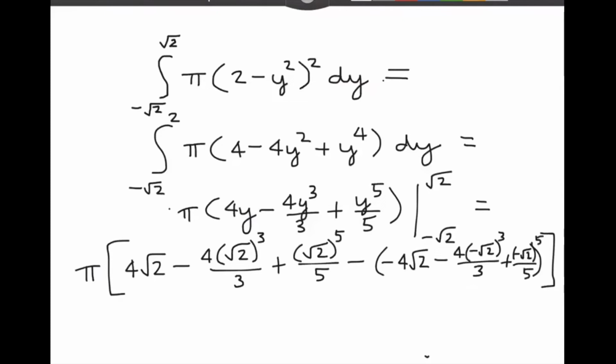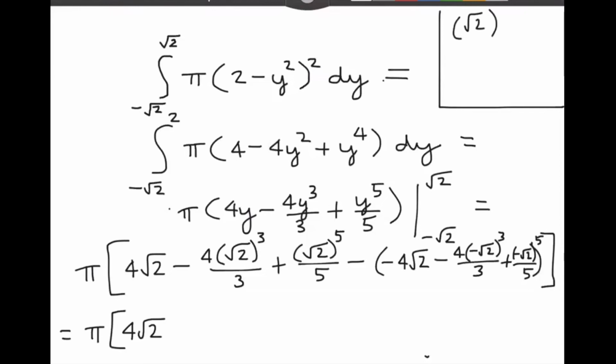Okay, so it's a little messy. We have 4 root 2. Now let's go up here just to get some stuff out of the way. Root 2 cubed would be root 2 times root 2 times root 2.